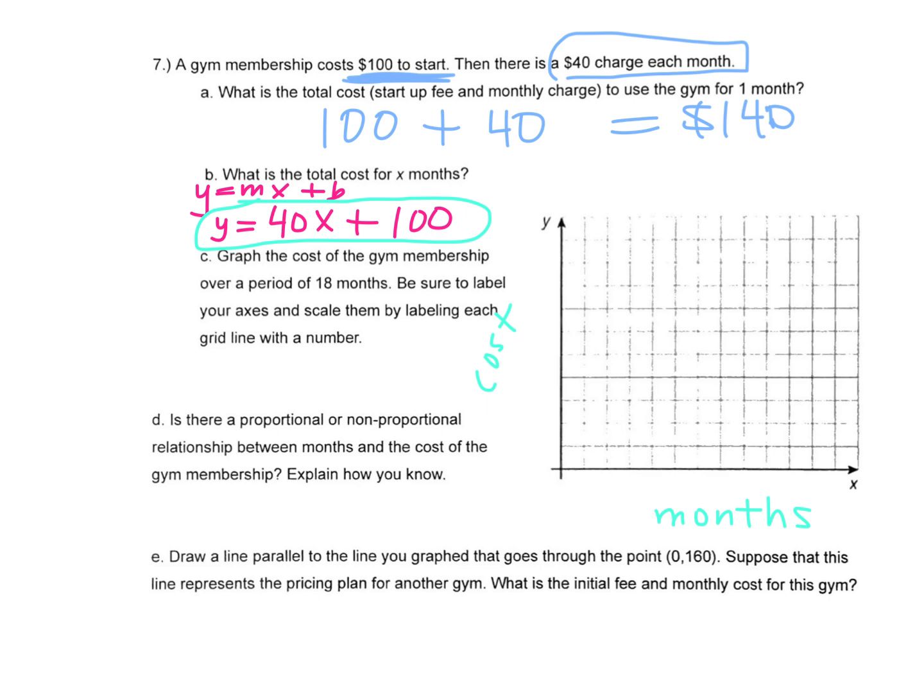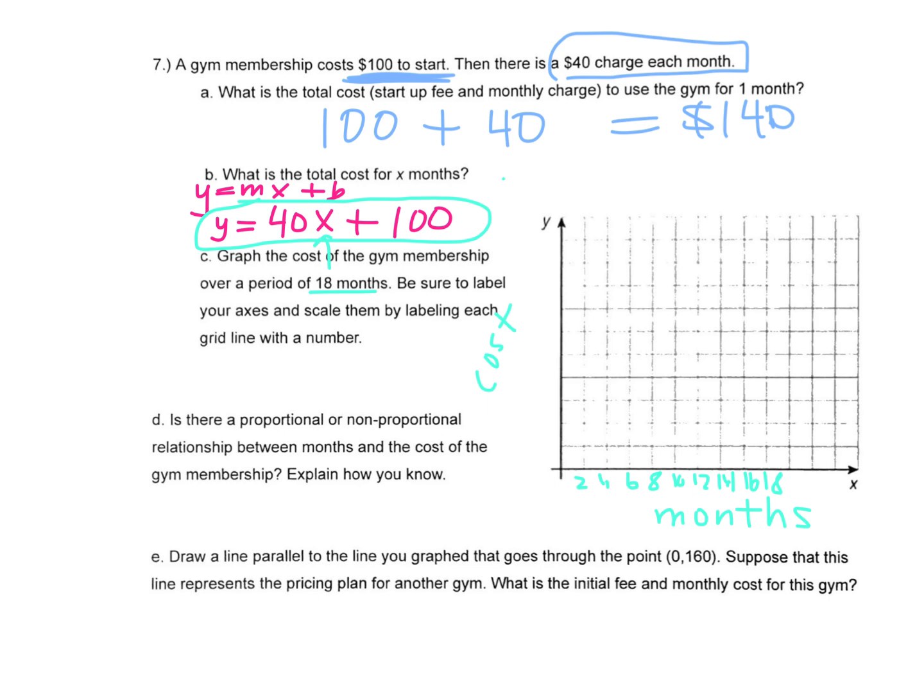Be sure to label your axes and scale them by labeling each grid line. So I have to go to 18 months, and I don't think I could fit 18 here, so I'm just going to skip count by 2s for that. So 2, 4, 6, 8. And then to figure out how to scale my cost, I'm going to use my equation for 18 months and figure out what's the max I need on here.